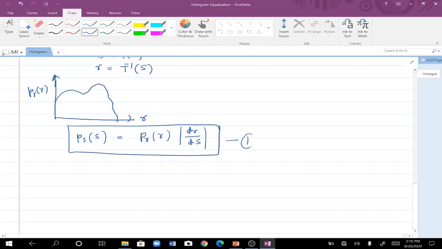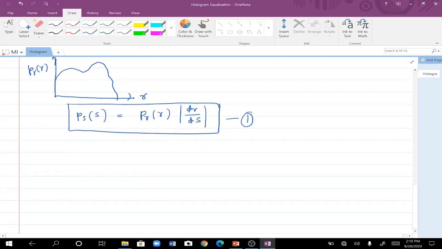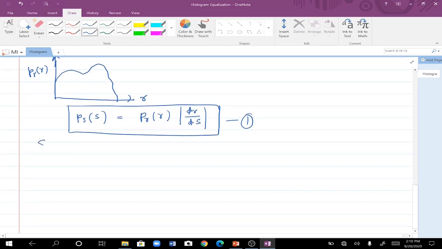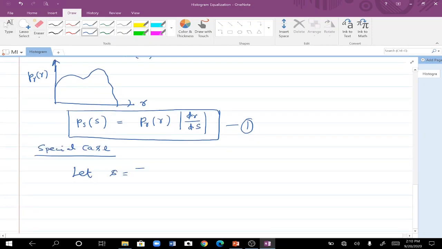Now let's start with a special case here. Let this function s, which is transforming r, be L minus 1 multiplied by the integral from 0 to r of the probability density function that you see here.